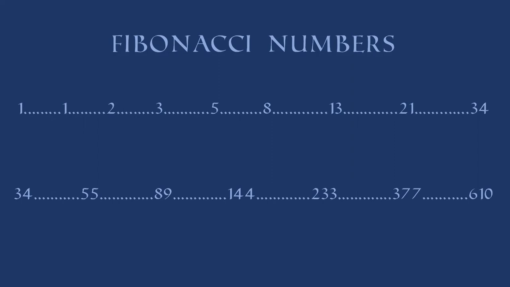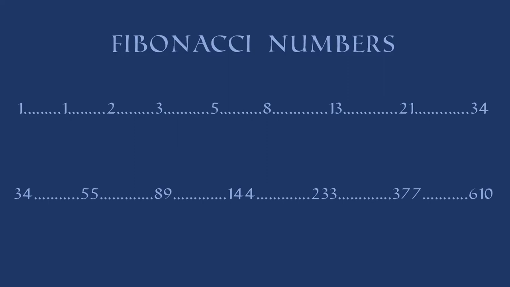Now, the next thing that we're going to do is look at each pair of consecutive numbers, and look at the relationship between them as we go along. Except for what happens at the very beginning, as we move through the sequence, we end up with a greater number next to a lesser number.